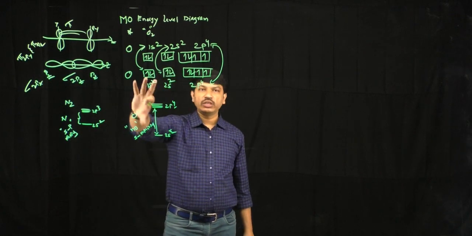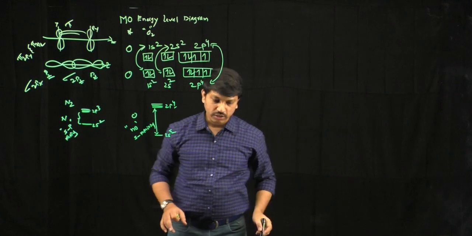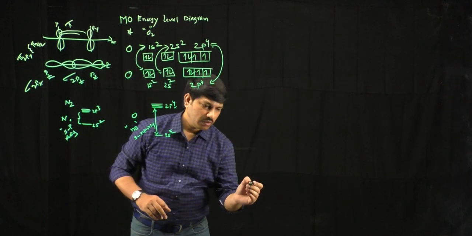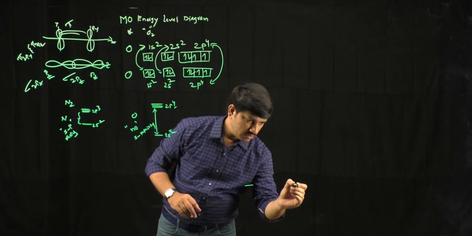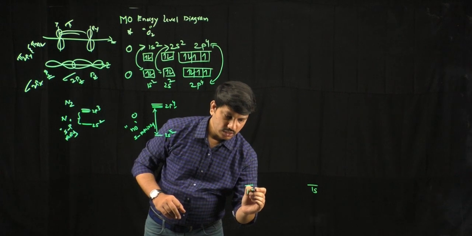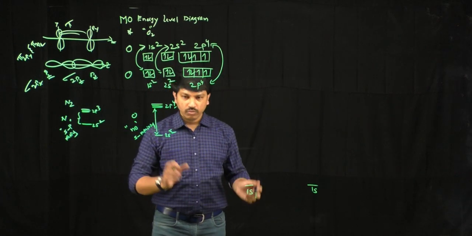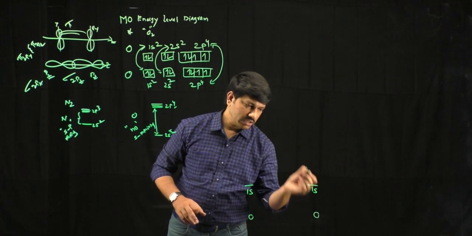So by considering all these things, we have to construct the MO energy level diagram of the O2 molecule. So what is the first case? We have 1s, this is 1s and 1s, the atomic orbitals of both oxygen atoms. So this is one oxygen atom and this is another oxygen atom.